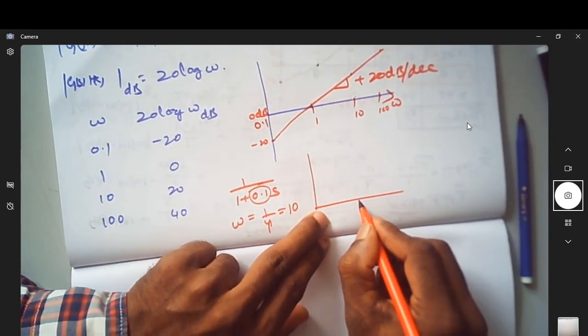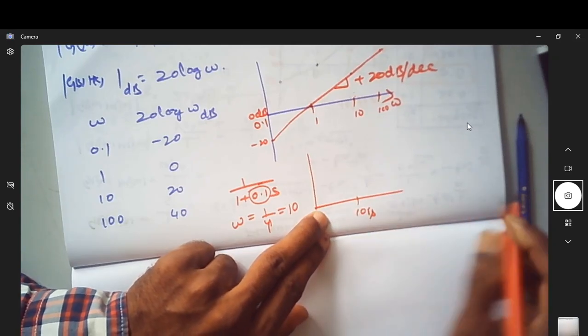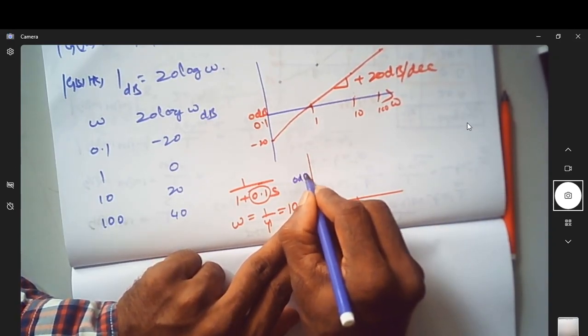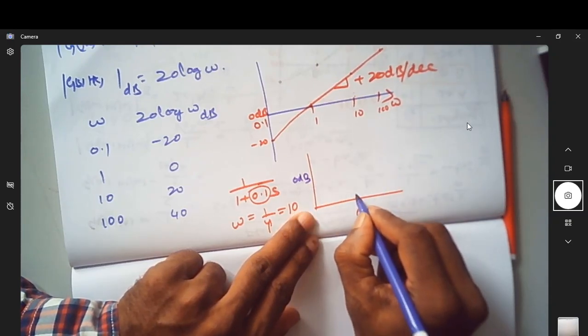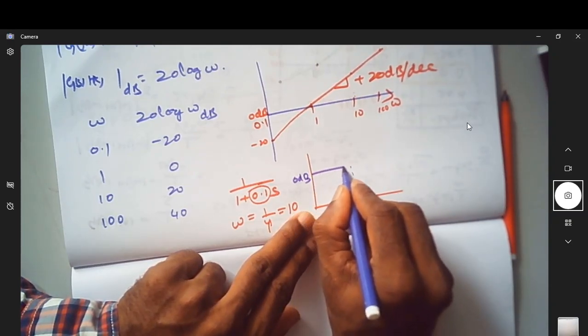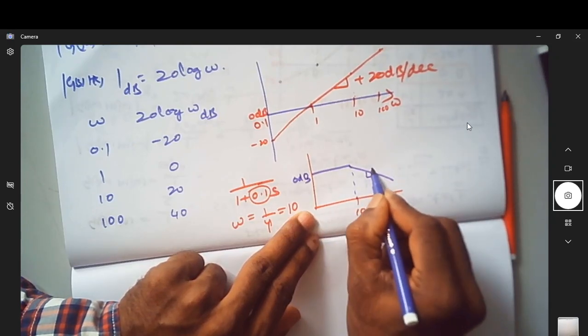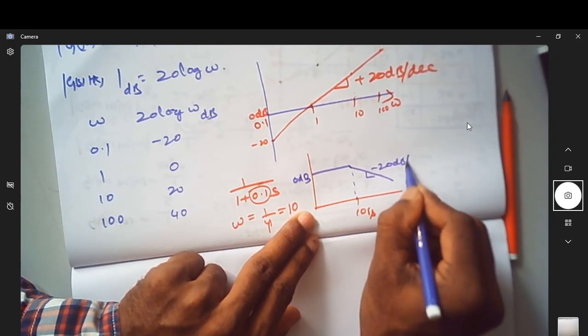So till 10 radian per second, this will have a magnitude of 0 dB. Afterwards, it decays with a slope of minus 20 dB per decade.